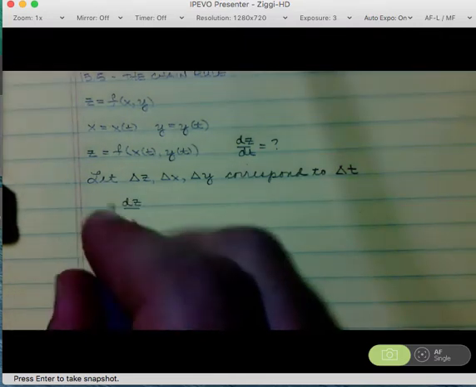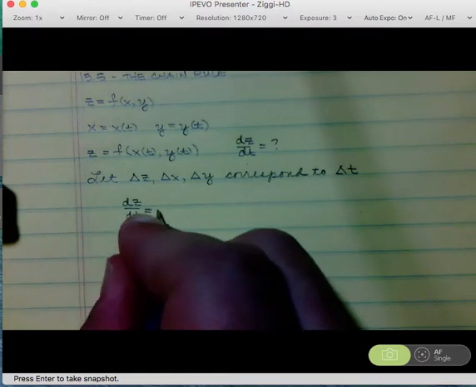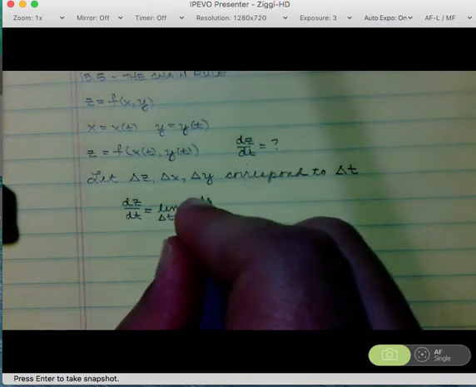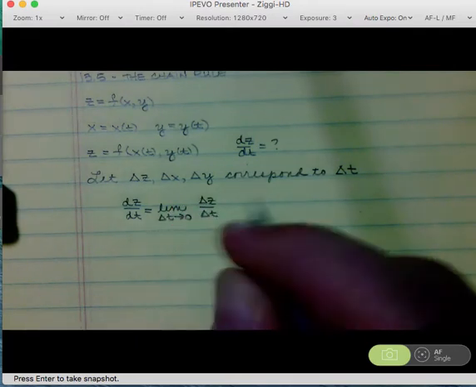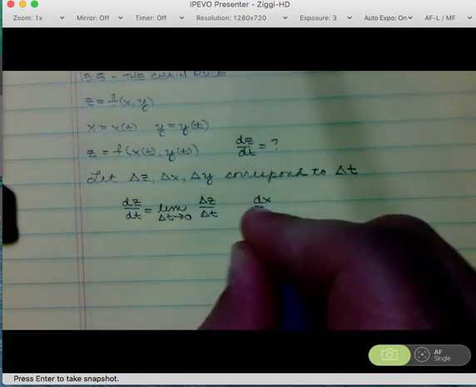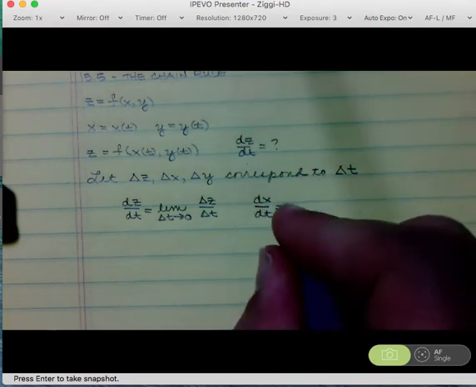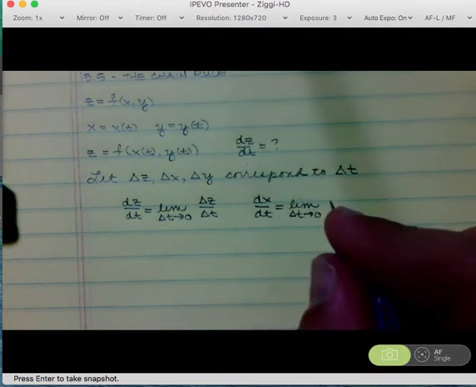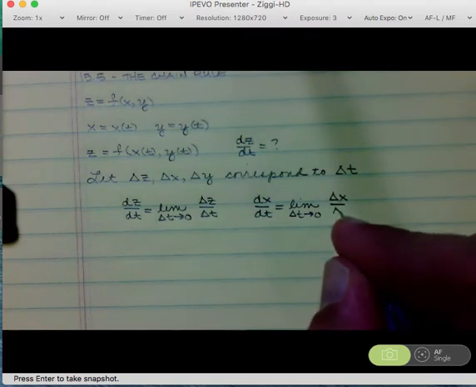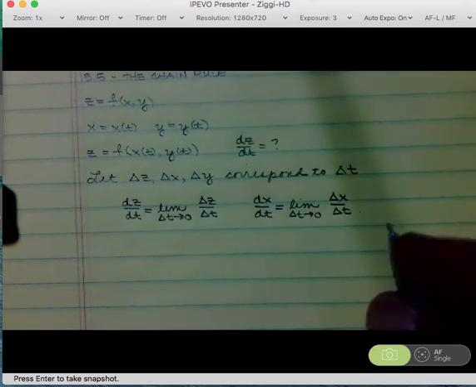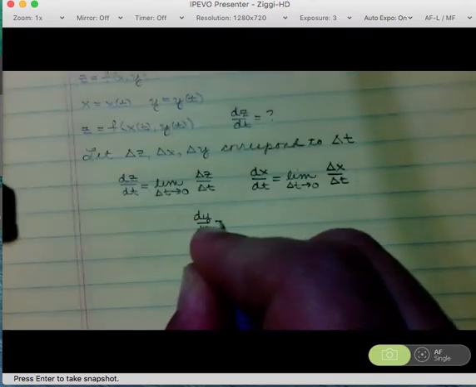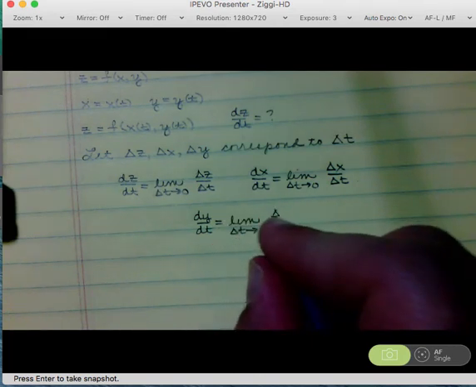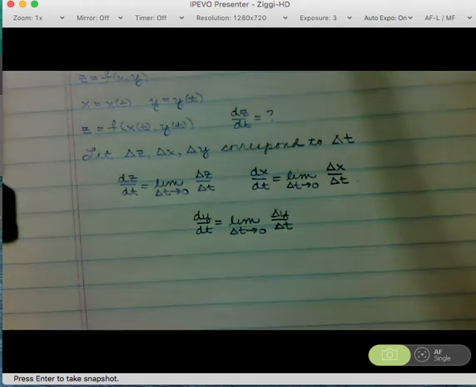And with this, we have that dz dt is the limit as delta t approaches 0 of delta z over delta t, and similarly dx dt is the limit as delta t approaches 0 of delta x over delta t, and likewise dy dt is the limit as delta t approaches 0 of delta y over delta t.